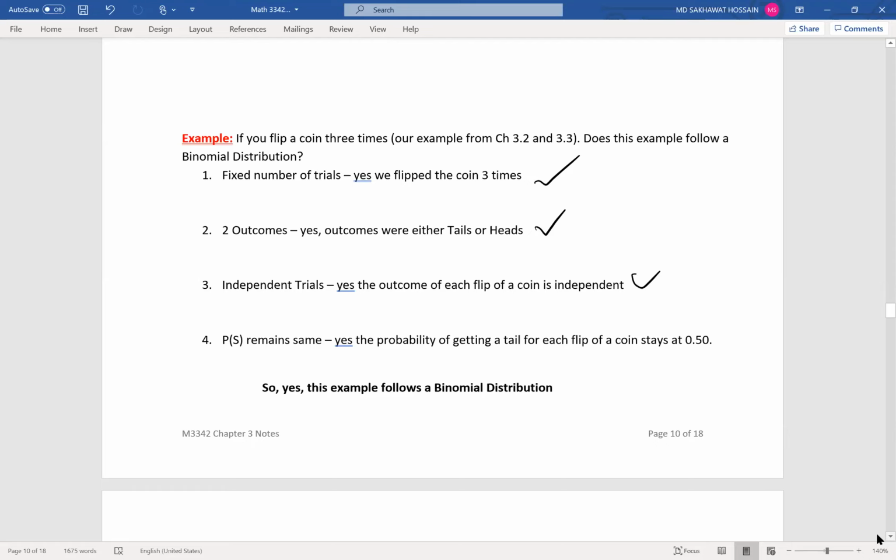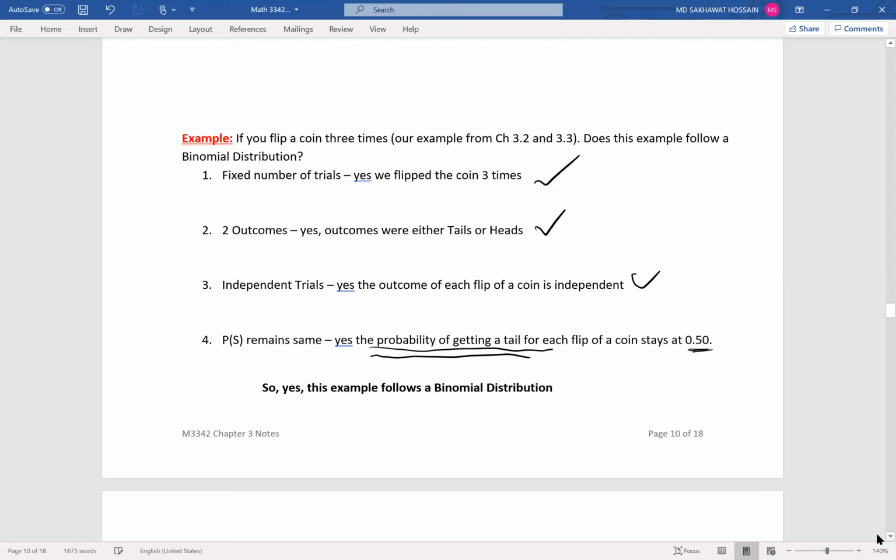And the last one is the probability of success. If we consider getting a tail as success, we want to find the probability of getting a tail. In this case, the probability of getting a tail is always 0.5.